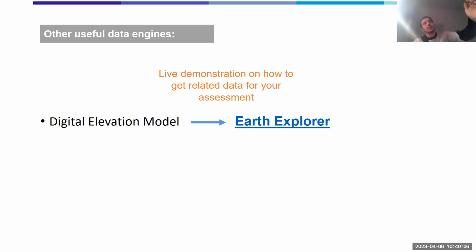Sometimes at high levels the precipitation is different than at low levels. So there is also this website, Earth Explorer. We can go through it after I finish, how to download the elevation data. I think the DEM is really important to have.